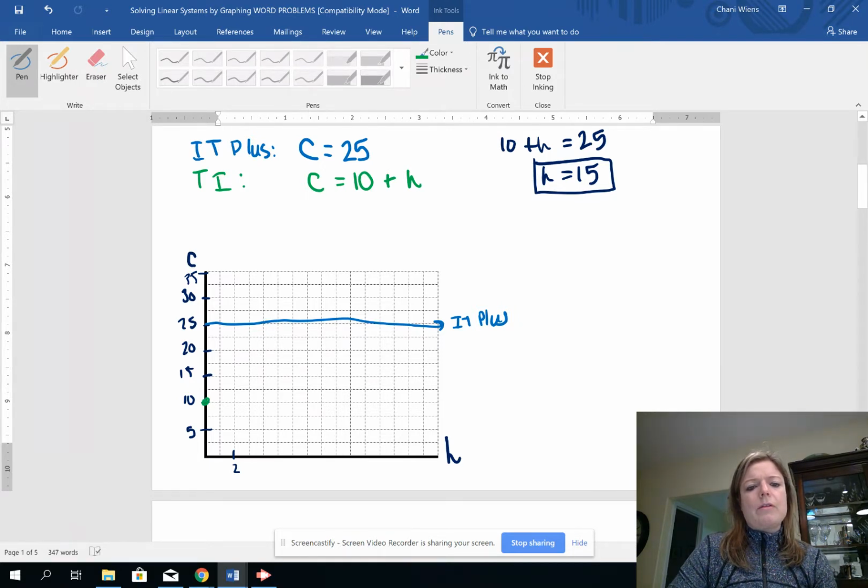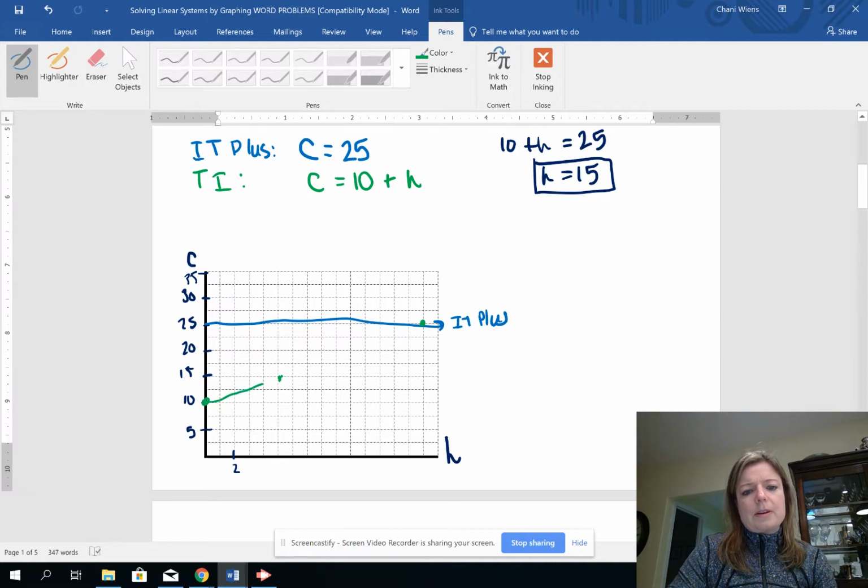However, you can't go over 1, up 1 on the grid squares because each of these grid squares represents 2.5. But you could go over 5 and up 5, which is 2 grid squares. Okay, and you'll also get eventually that they will intersect at 15, 25, which is here.